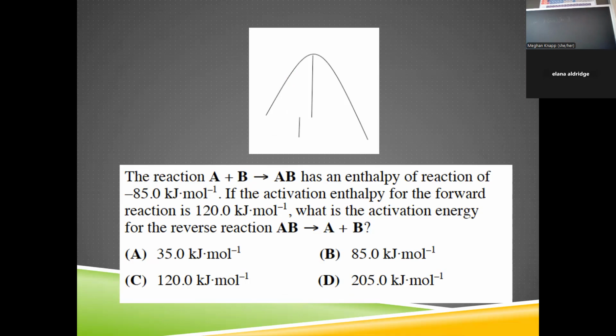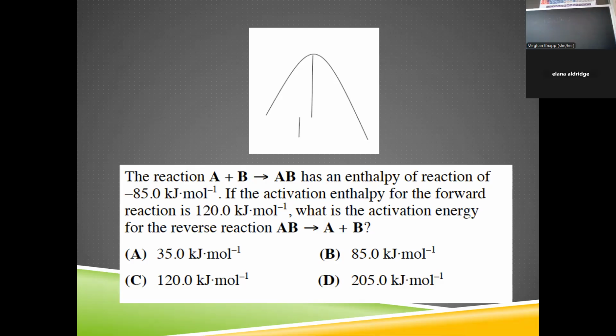So it says the reaction of A plus B going to AB. So A and B would be on the left-hand side over here, and then the product AB would be over here on the right-hand side. It says that reaction has an enthalpy of reaction. What letter do we use for enthalpy?